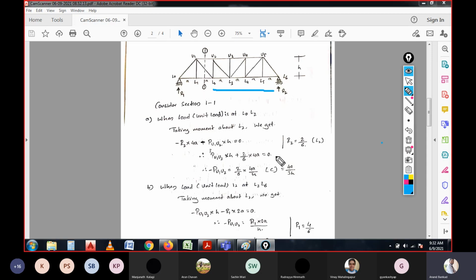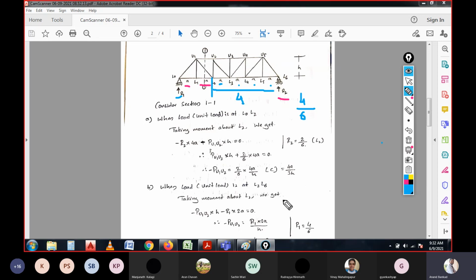R1 is equal to 4 by 6. It is a section over here, since we have 4 parts, 1, 2, 3 and 4 by 6 for R1. So R2 will be 2 by 6, this part. For R2 we need to consider these two, and for R1 we need to consider the remaining on the other side of the section.